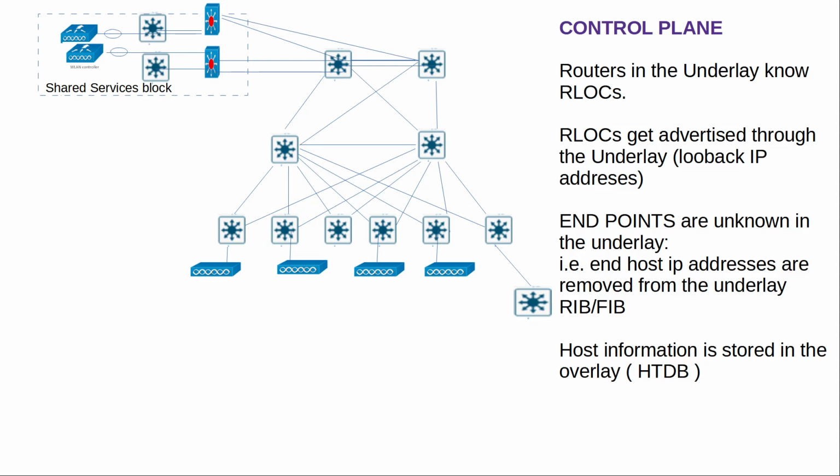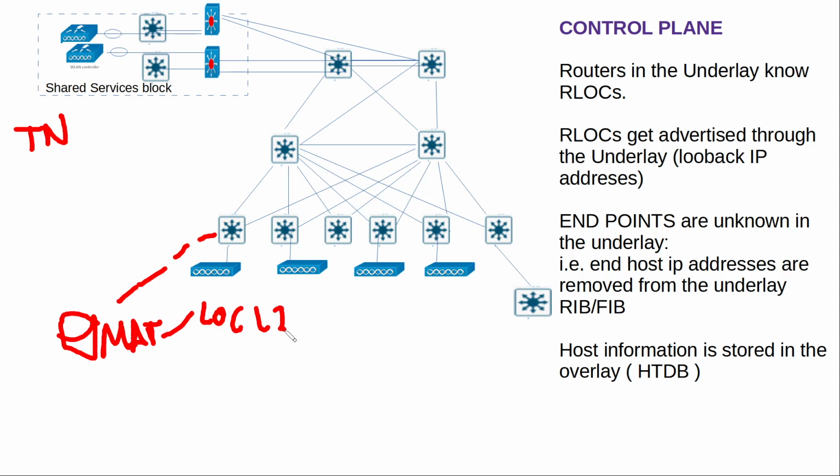And let's talk a bit about why we actually need LISP. So remember that in traditional networks, I will have several databases. I will have, for instance, a MAC address table that will provide me the layer 2 location for my end devices, and layer 2 transport for this layer 2 part of my traditional network.